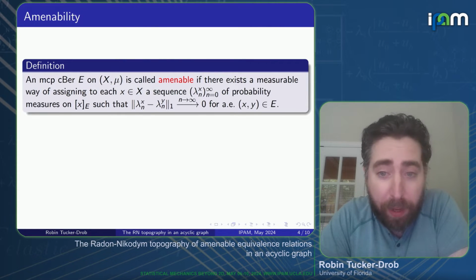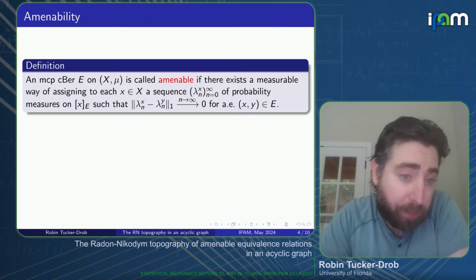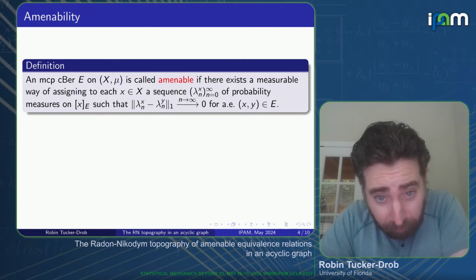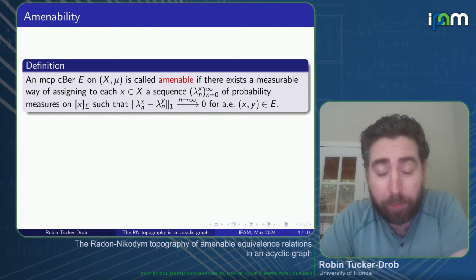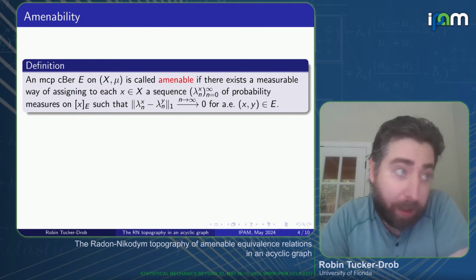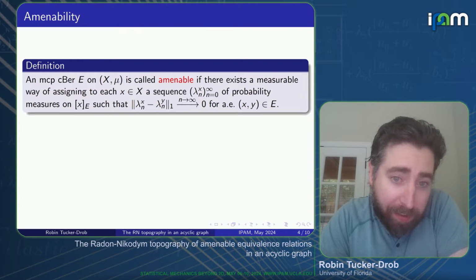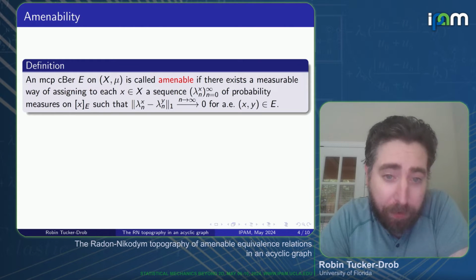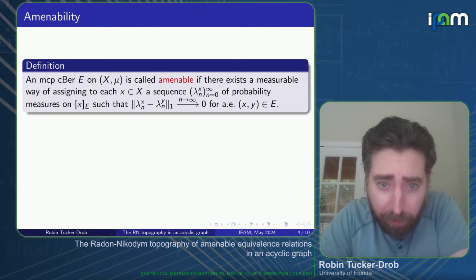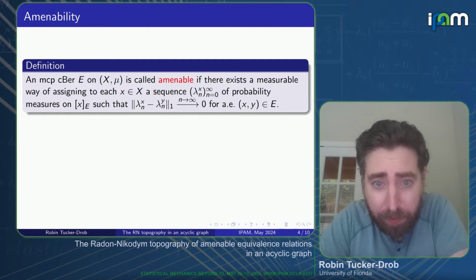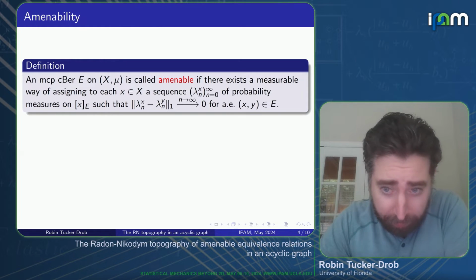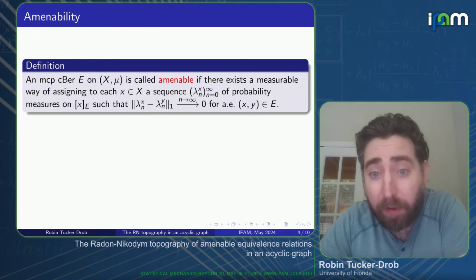So for each n, lambda_n^x is a probability measure on the equivalence class of x, and I want this sequence to satisfy that for almost every pair of E-related points x and y, if I look at the nth probability measure that x picks and the nth probability measure that y picks, and I look at their distance in the little L1 norm of the equivalence class, we're not integrating over measure space or anything, just the little L1 norm of the equivalence class, that distance goes to 0 as n goes to infinity.